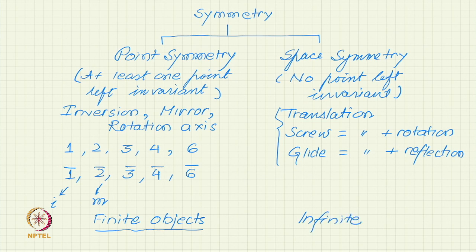Now, really none of our crystals is infinite, but it is infinite in our imagination, because there are several repetitions. We assume that the repetition is continuing even beyond our really finite crystal. So, mathematically it is true for infinite objects.